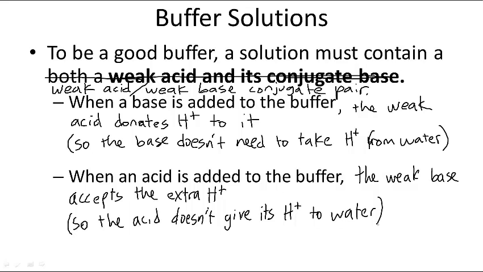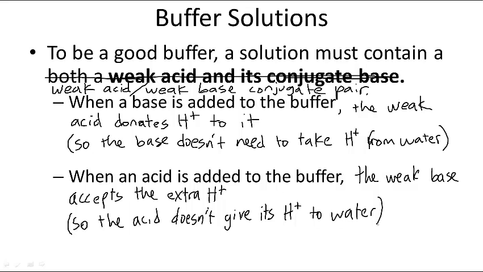So to make a buffer is pretty simple. You just put a conjugate pair in the solution. And now, if you add acid to it, pH might change a little bit, but not a lot. If you add some base to it, pH might change a little bit, but not a lot.